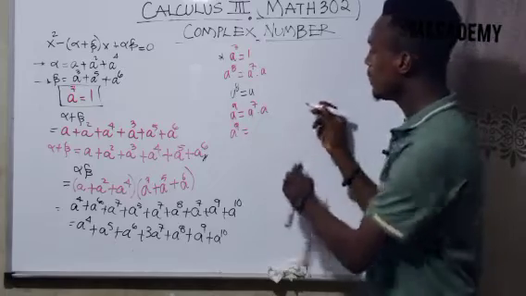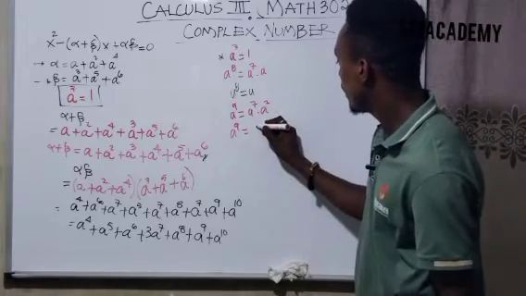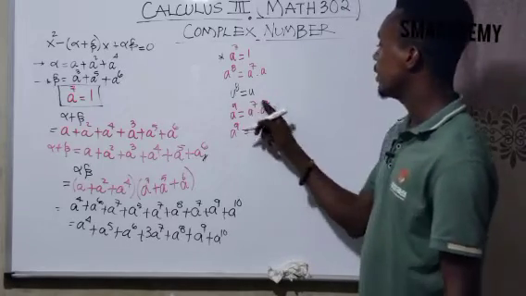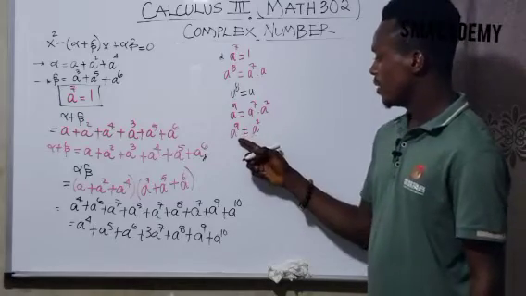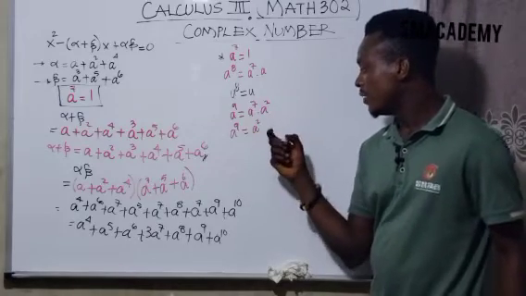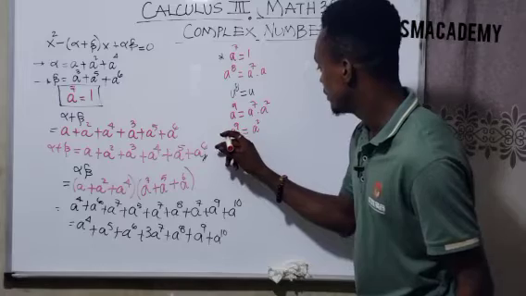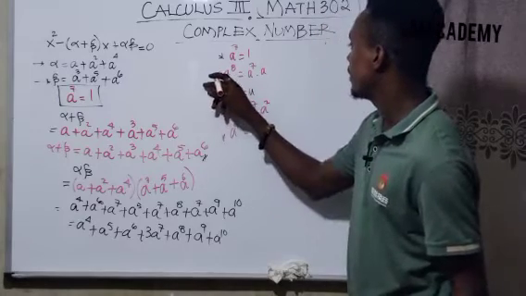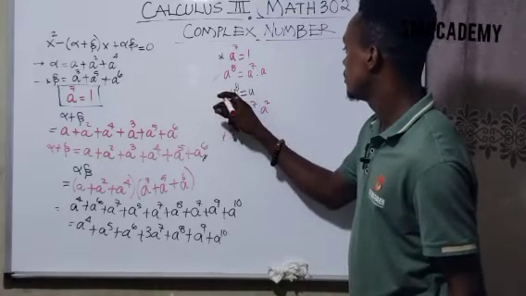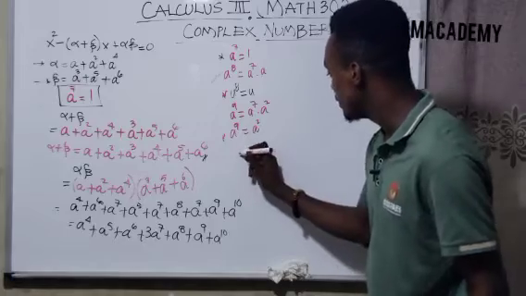Since a to the 7th power is 1, 1 multiplied by a squared gives a squared, because 7 and 2 give 9. So a to the 9th power is a squared, and a to the 8th power is a. Now move to a to the 10th power.